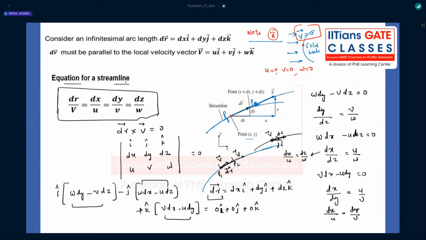Some of the things will be clarified when you know a little bit about the mathematics, about the matrix, how to find the determinant of the matrix. Once this is clarified, then the technical subject you can understand very easily. The fundamentals of whatever mathematics is involved in fluid mechanics, you can easily identify.